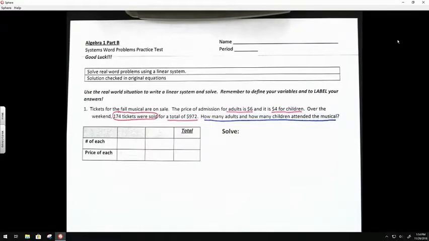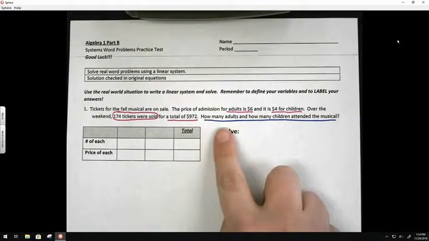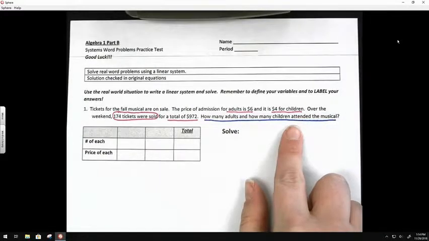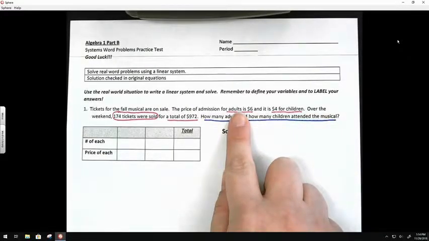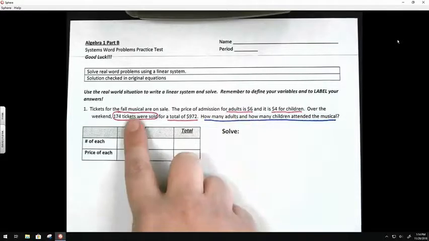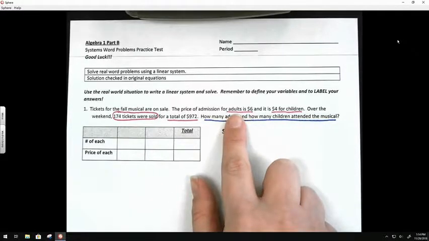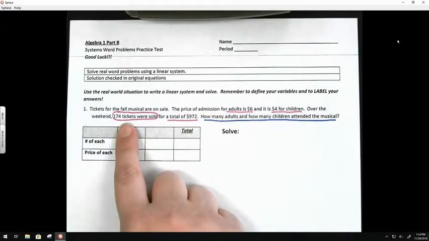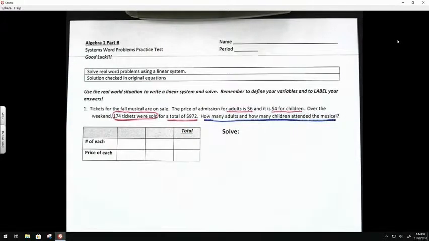You should hopefully know that this last part here is what helps us define our variables. And you should notice that when I underlined my important information, I underlined anything that had a dollar sign, and then I circled the number of tickets that were sold. Remember, we have two types of word problems that we talked about in class.